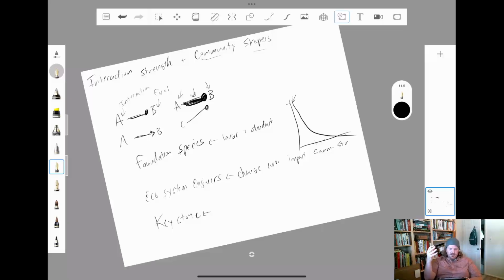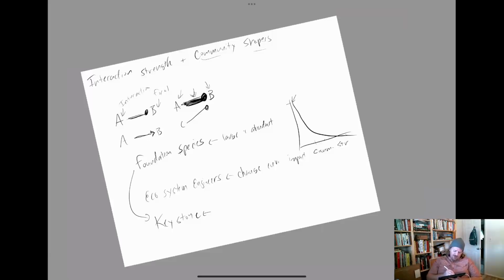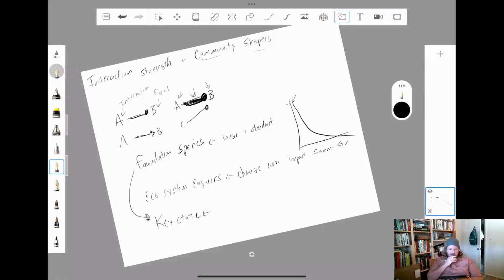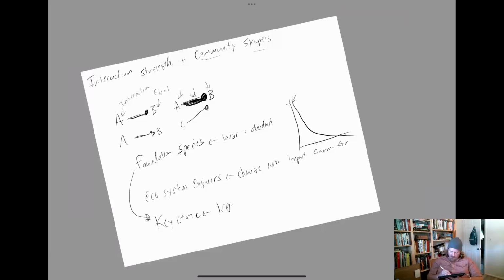That's one definition of keystone species, and I think the one we'll stick with, but you should know there's some argument about that, right? Sometimes people call foundation species keystone species. This is a term that is kind of fluffy and has loose edges, that is, not always perfectly defined. But for our purpose, keystone species are things that have a large effect on community composition. So large community composition effect and low biomass, right?